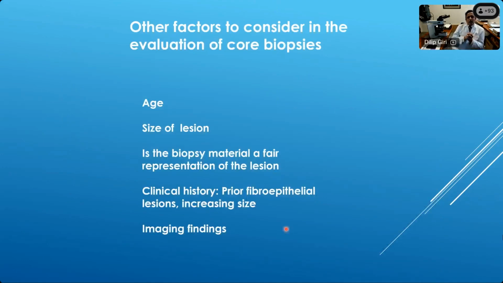Okay. So I think while those morphologic features are important and we should look at those when we look at our core biopsies, the other important factors to consider are, of course, the age, right? So if it is a young patient, probably it's going to be a fibroadenoma.